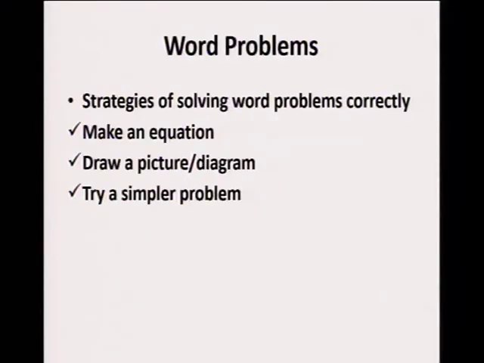Then it is expected of us to formulate the equation ourselves, and then answer the question based on the equation that we formulated. Usually in solving problems mathematically, we have skills or strategies that we use, for example, making an equation, drawing a picture or a diagram to understand the words that are given to us.